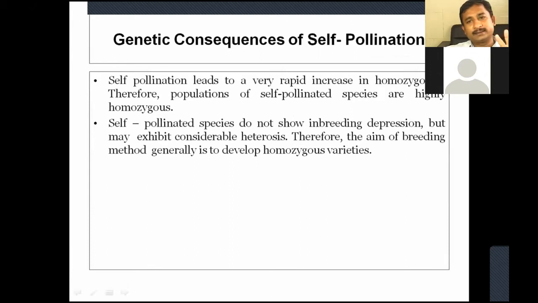They look similar. There won't be much variability in that. For example, self-pollinated species do not show any inbreeding depression, but they may exhibit considerable heterosis. Therefore, the aim of the breeding method is generally to develop homozygous varieties.